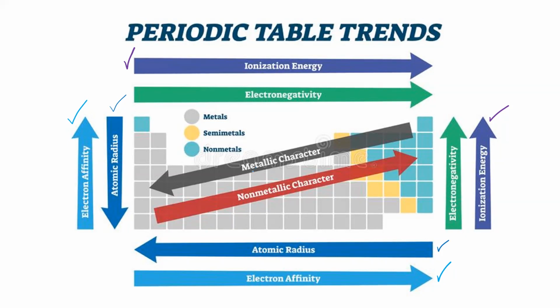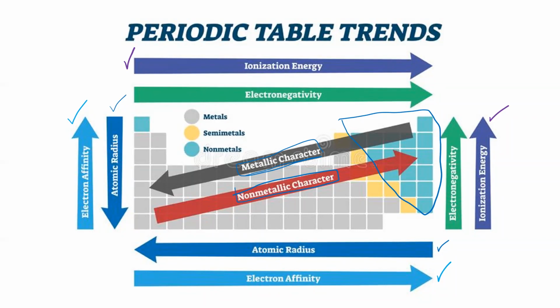Another thing we've explored already, and talked about a little bit, is metallic character versus non-metallic character. We talked about this based on just identifying elements in the periodic table and where they are. Remember, our non-metals were all up in the top right corner, and the metals were the rest of the periodic table. So you can consider there to be a spectrum of metallic and non-metallic character, where the more metallic elements are farther to the bottom and to the left, and the less metallic elements are farther to the top and to the right.